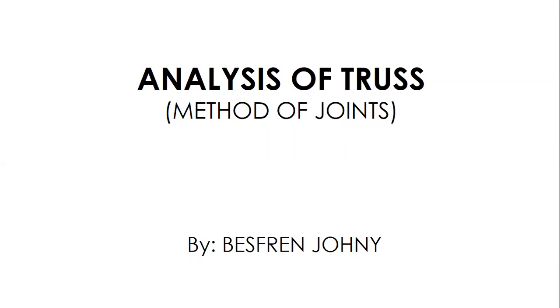In this video, I'm going to solve a problem using one of the methods in analyzing a truss, and that is the method of joints. But I'm using the nearest style.